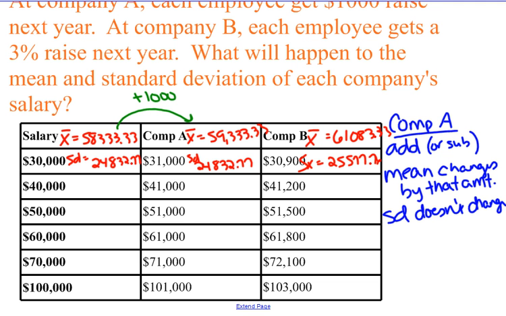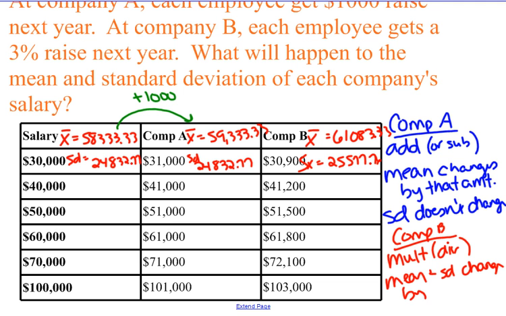So what happens here is, for company B, when I multiply or divide, my mean and my standard deviation change by the amount. So by 3%. They both changed by 3%, and you can double check that. So that's kind of the property we look at.